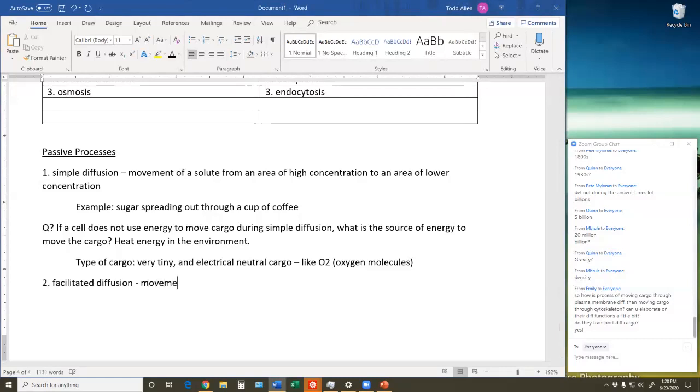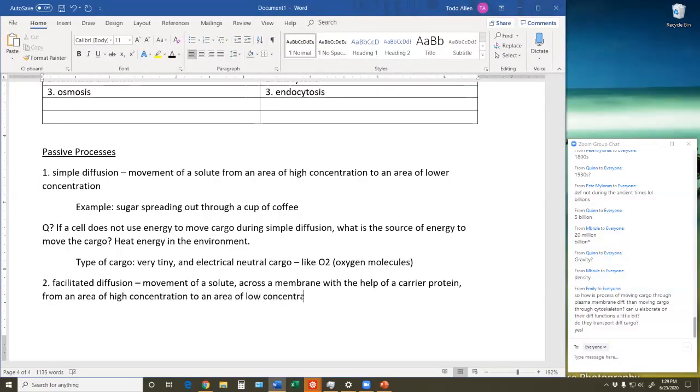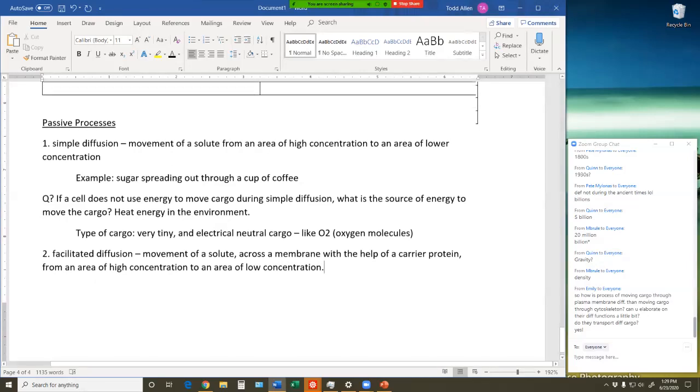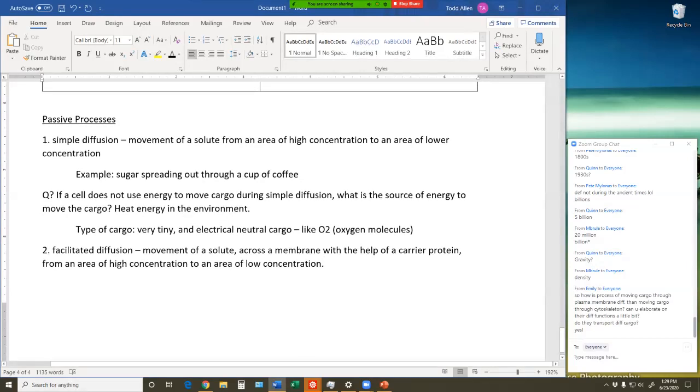Okay, this is the movement of a solute across a membrane with the help of a carrier protein from an area of high concentration to an area of low concentration. Okay, so notice how the definition changed, right? Across a membrane with the help of a carrier protein.